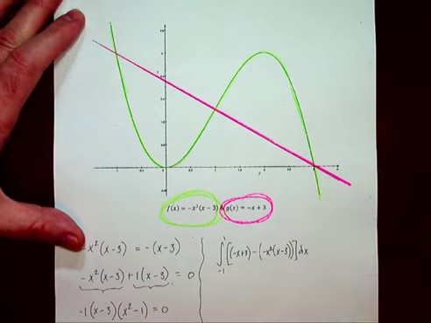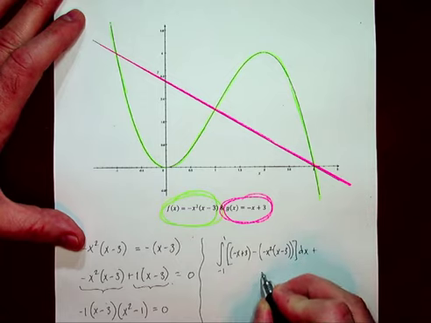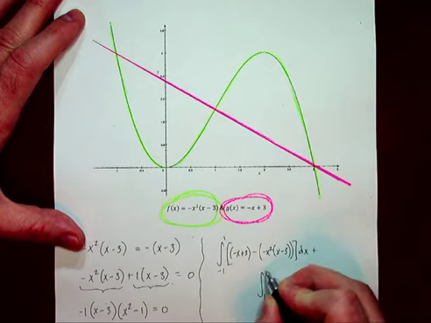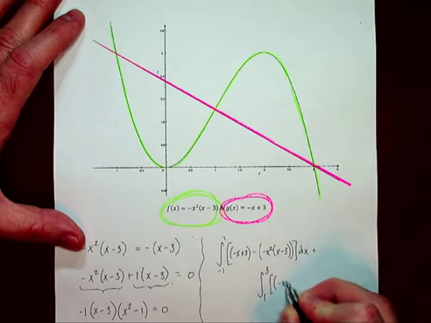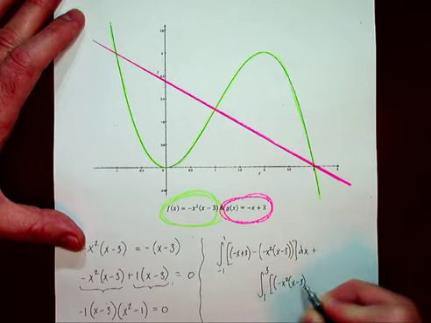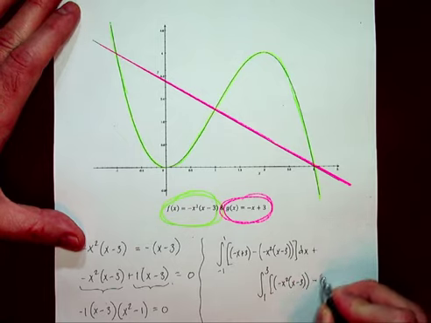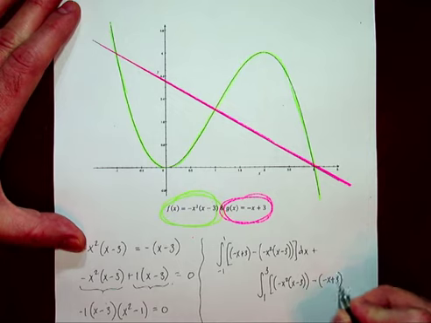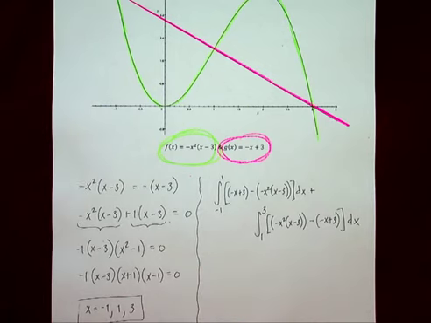Basically, I've used parentheses enough to where you should be able to discern what's going on there. And I need to go from 1 to 3 of negative x squared times x minus 3 being my f of x minus my g of x. Okay? And those 2 integrals together added up should give me what I need.